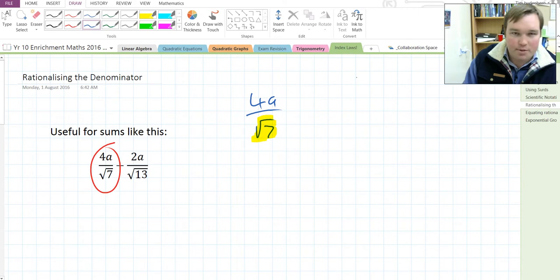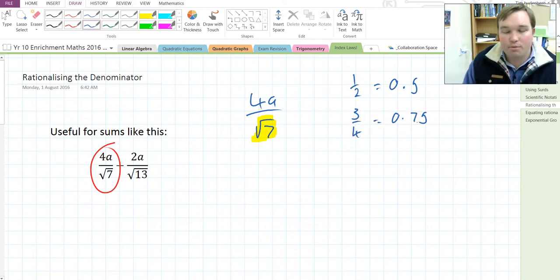Rational numbers are numbers with decimals that end. So a half is equivalent to 0.5. The decimal ends, same with 3/4. The other type of rational number is the type where the decimal continues forever.